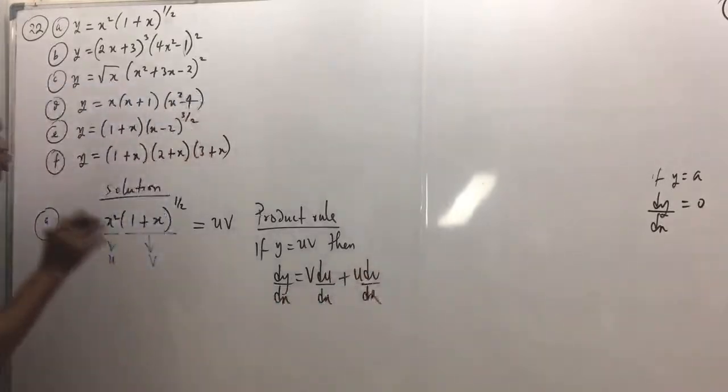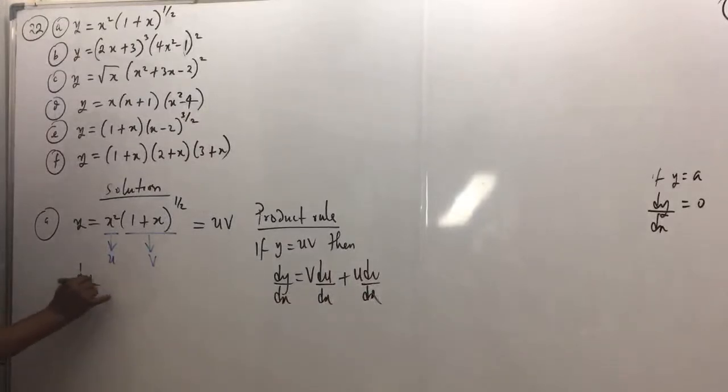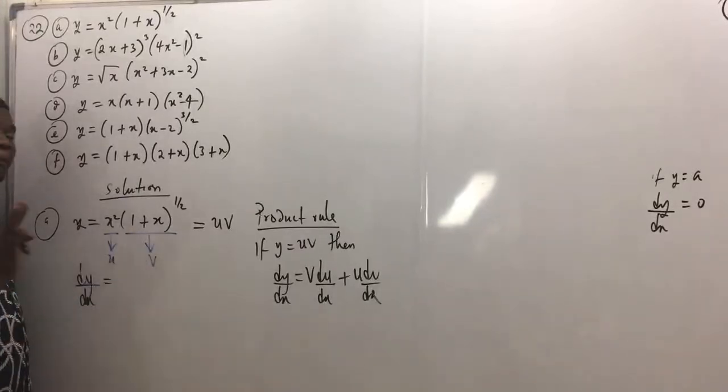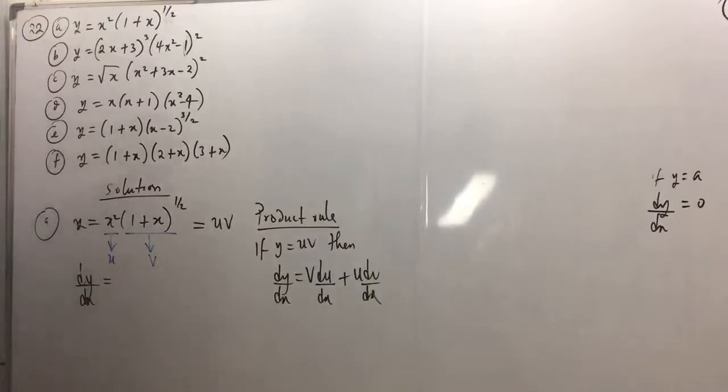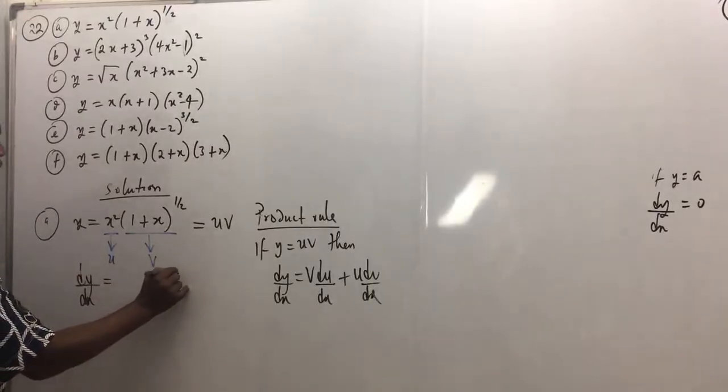Meaning that to solve this problem, we are going to call one of the functions here u. I've called this one u, and I'll call this one v. Now please take note, you can call either of them u or v, whichever one you choose as it suits you, okay? So I'm going to keep u constant, so let's bring u here.